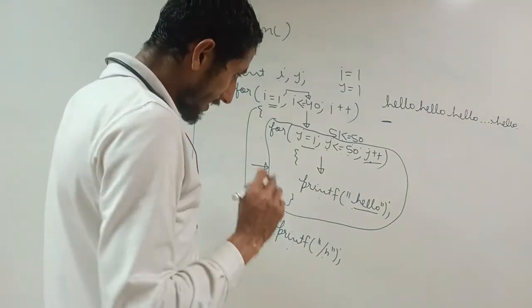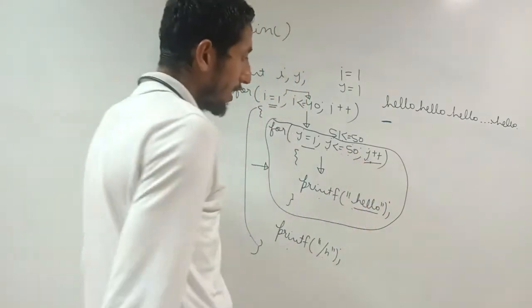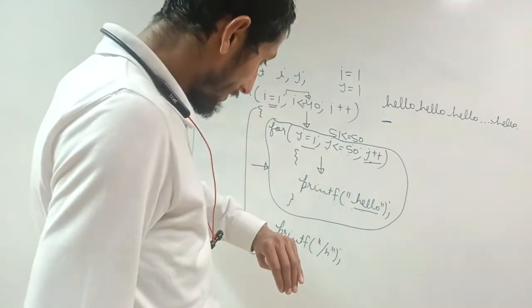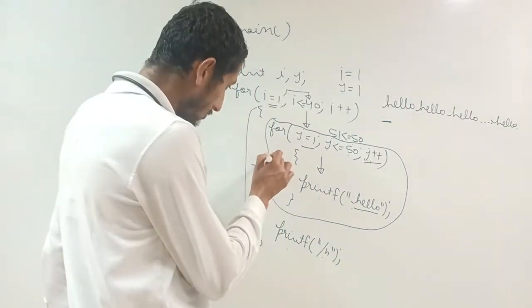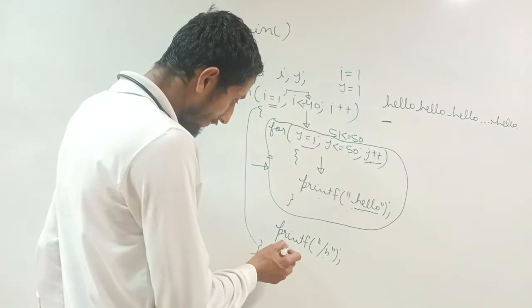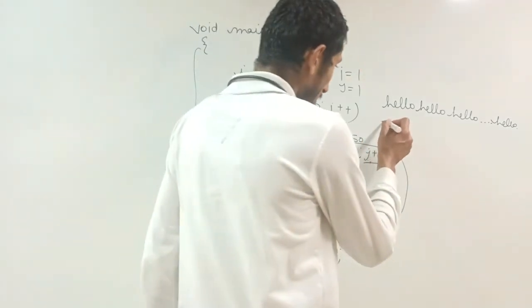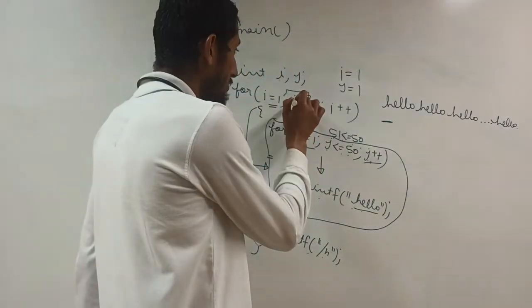It will print hello 50 times in the same line. So it has been printed, then the working of the inner loop will be over. The compiler cursor will come here and move to the next line. So I have moved the cursor to the next line and the value of i becomes 2.